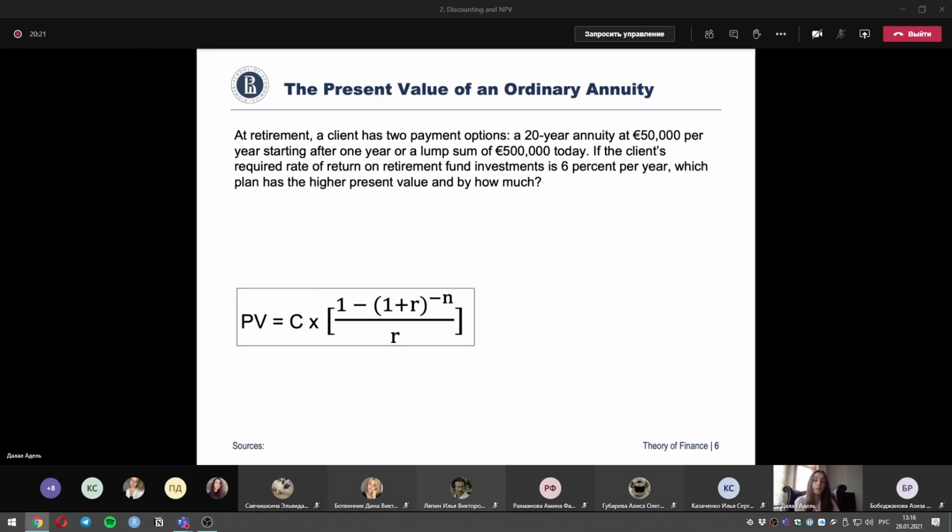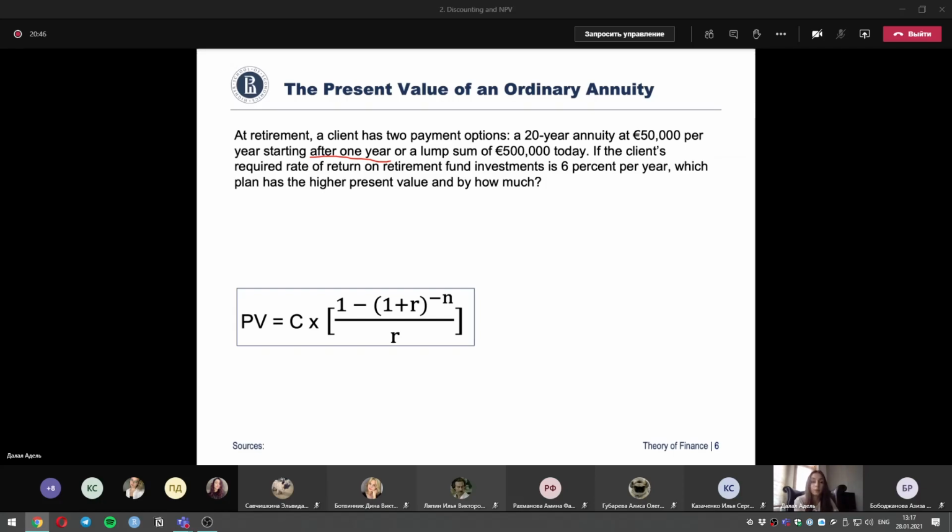Okay, so let's then practice a bit with annuities. At retirement, a client has two payment options: a 20-year annuity at 50,000 euros per year, starting after 1 year. So again, this brief note allows us to use the ordinary annuity formula, not annuity due.